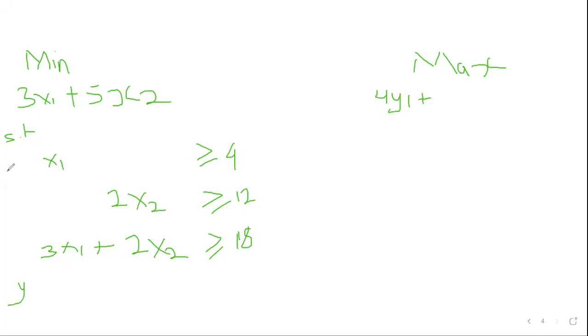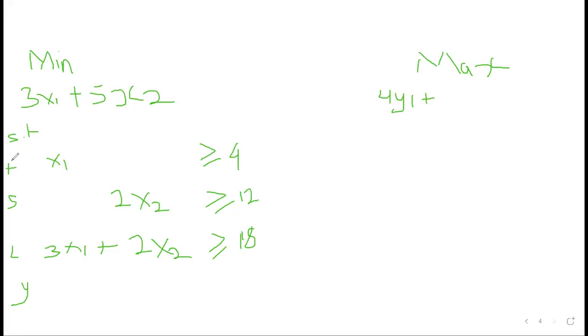So for instance, if this is time, this is space, this is labor, then y1 is the price of time, y2 the price of space, and y3 the unit price of labor.